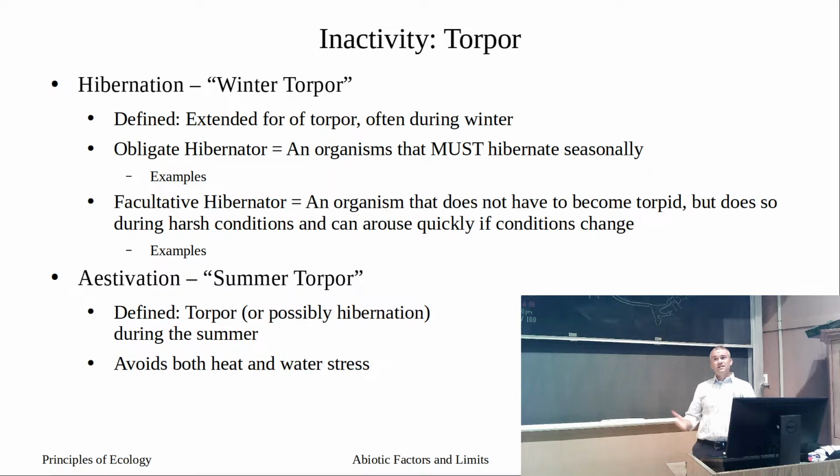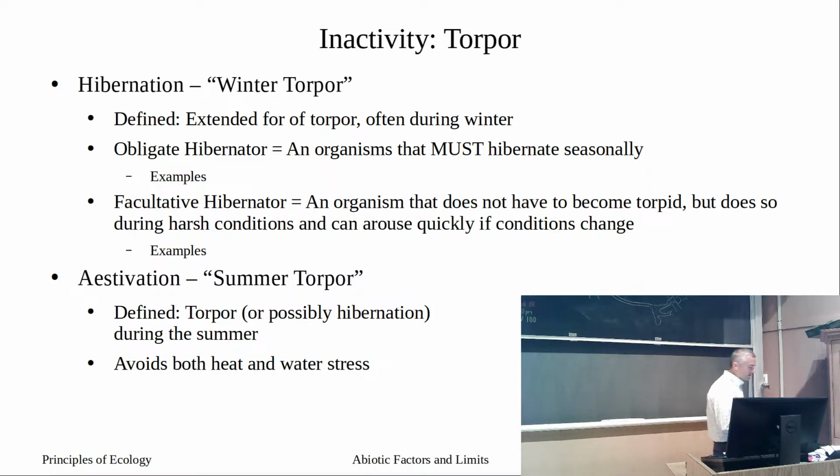I don't want to say the best of both worlds, because sometimes just conserving energy is a good thing to do. But if conditions aren't terribly bad, they can still be active, forage, and do whatever else they need to do.